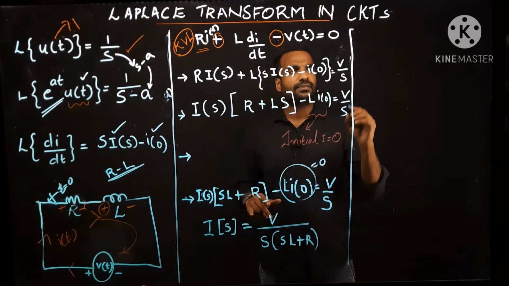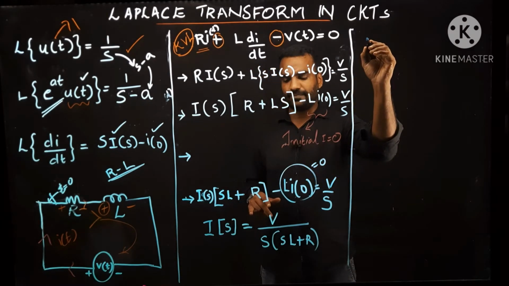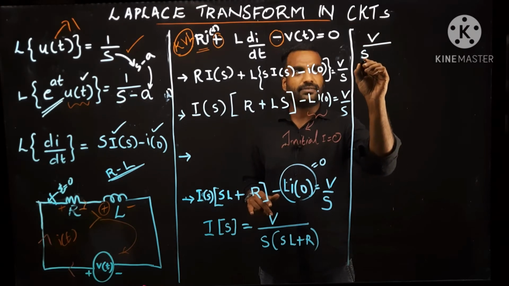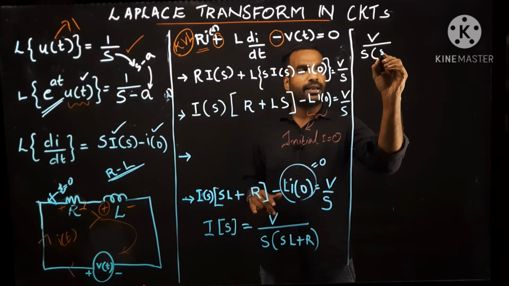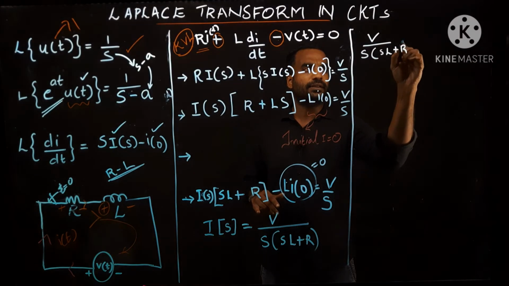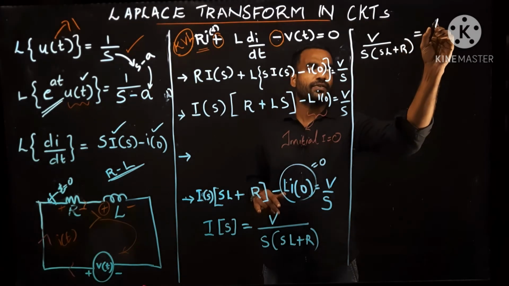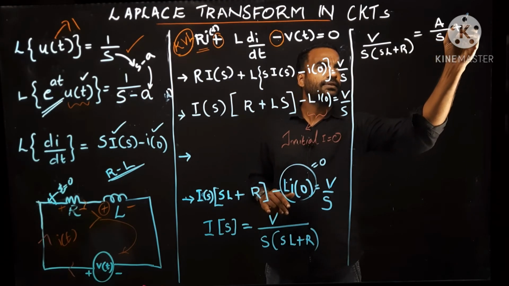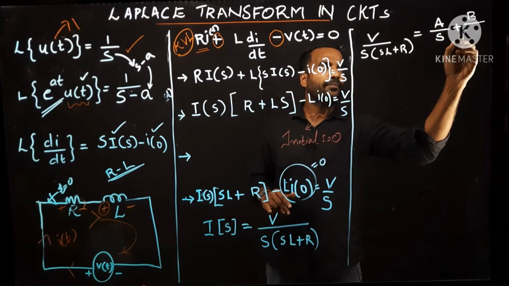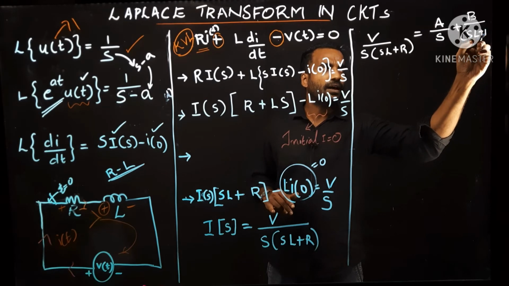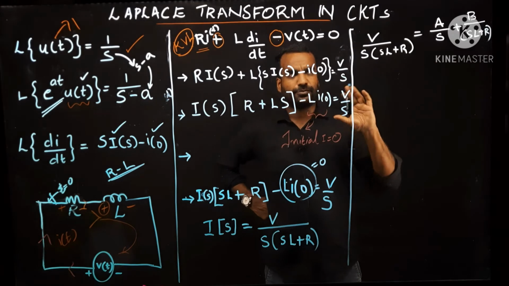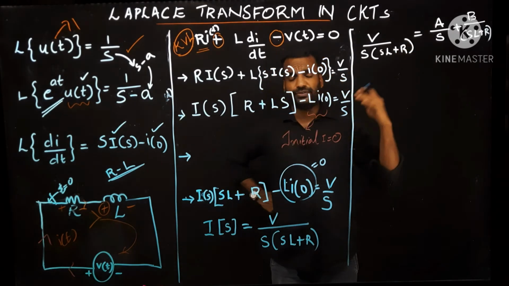Anyhow, for this analysis, let me write V by S into (SL plus R) is equal to, by applying the partial fraction technique, A by S plus B by (SL plus R). Everybody knows this method, how we can split into these two fractions.